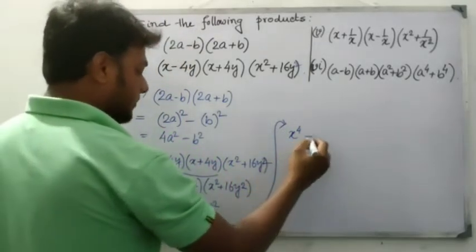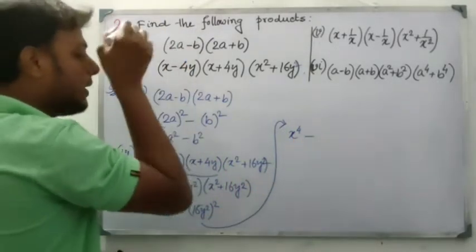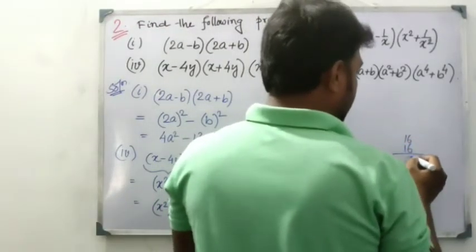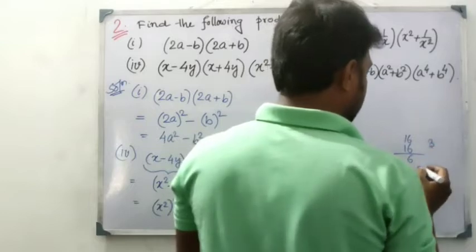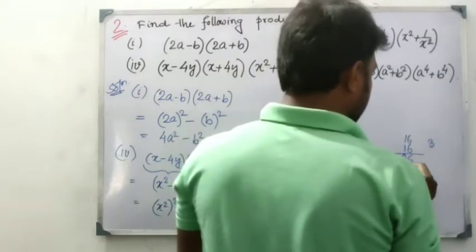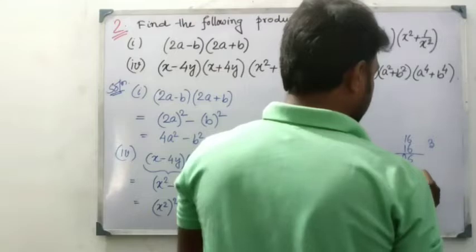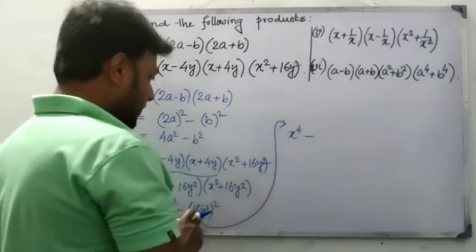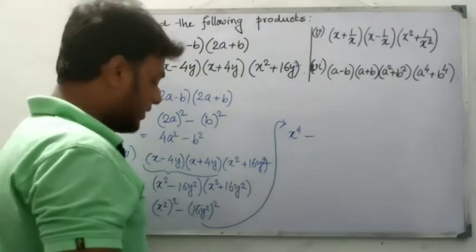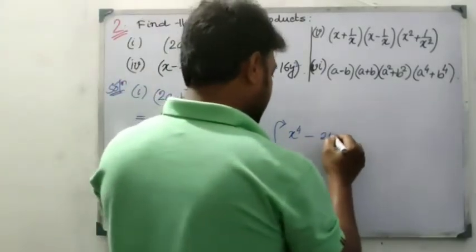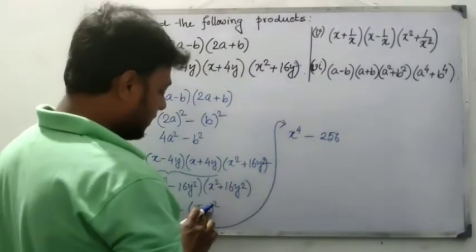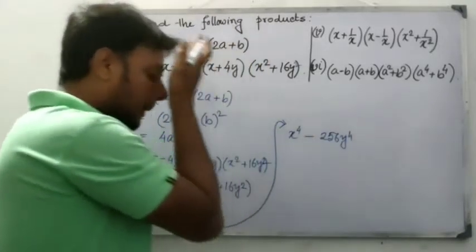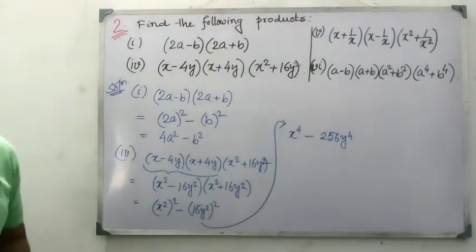Minus 16 squared means 16 into 16, which is 256, and y² squared gives y to the power 4. This completes the solution. Understood?